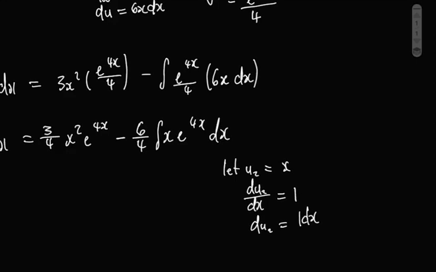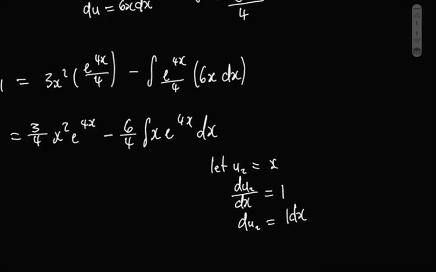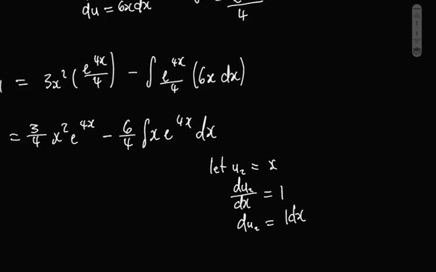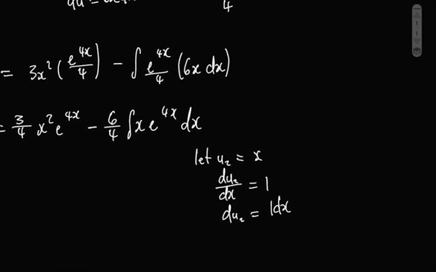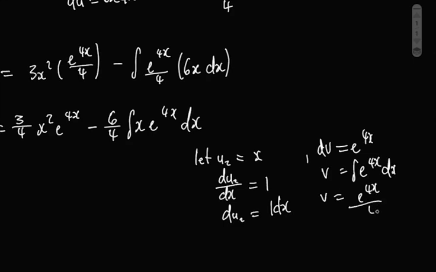I'm calling it u2 because it's the second time I've used it, but you can still call it u. Then of course your dv is equal to e to the 4x. And again, you know v is the integral of e to the 4x with respect to x, so v would be equal to e to the 4x over 4.